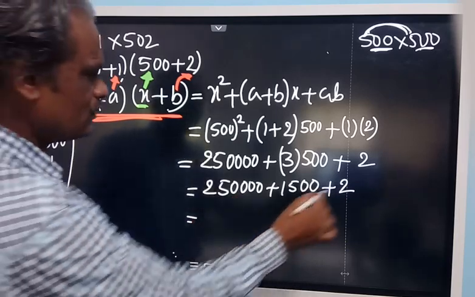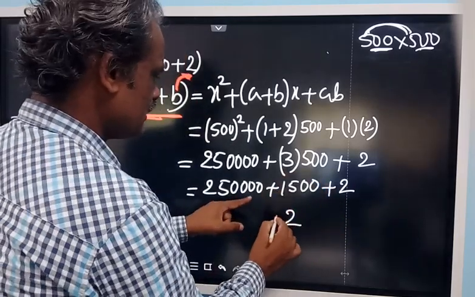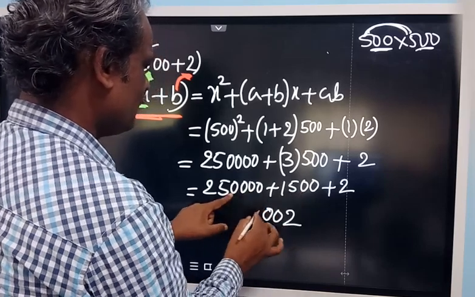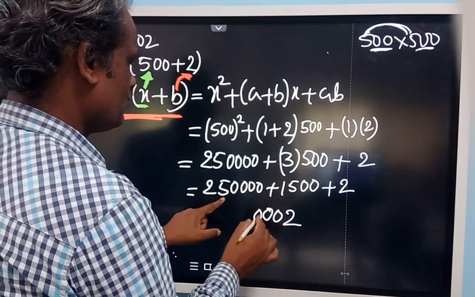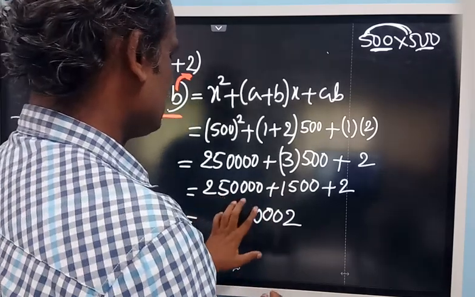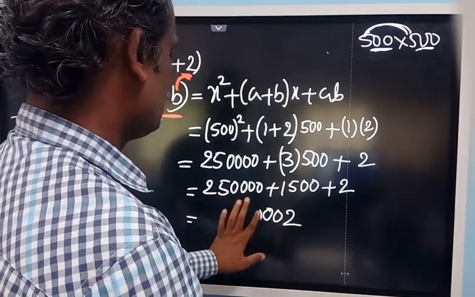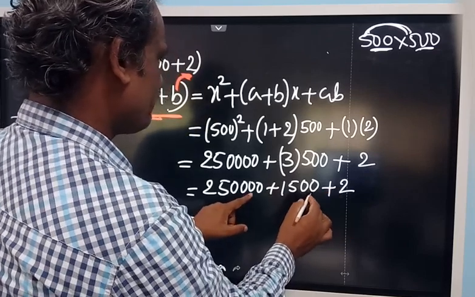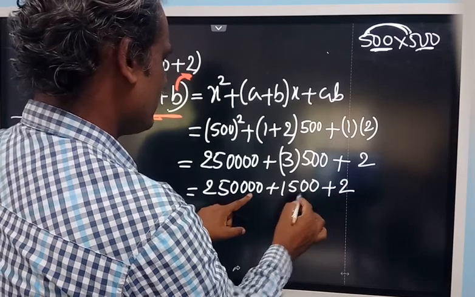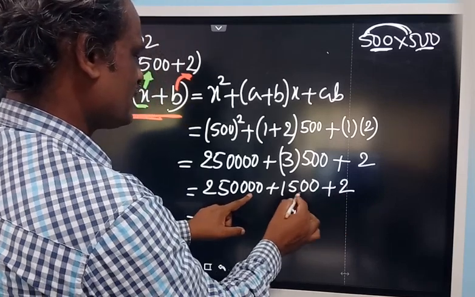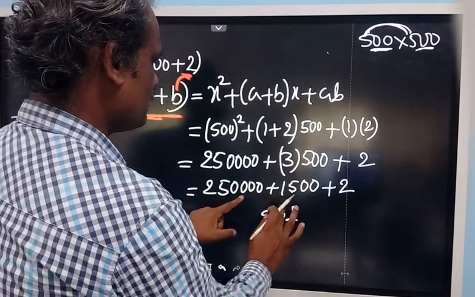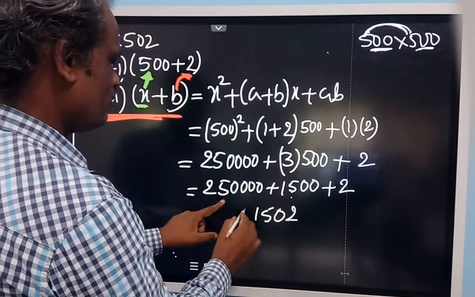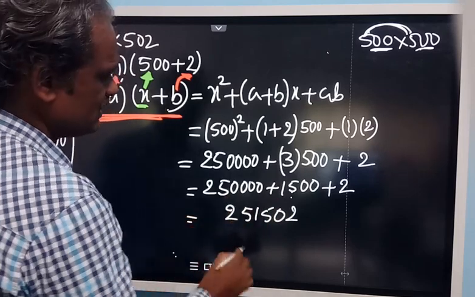Units place digit 2, tens place digit 0, hundred place digit 5. This is the solution.